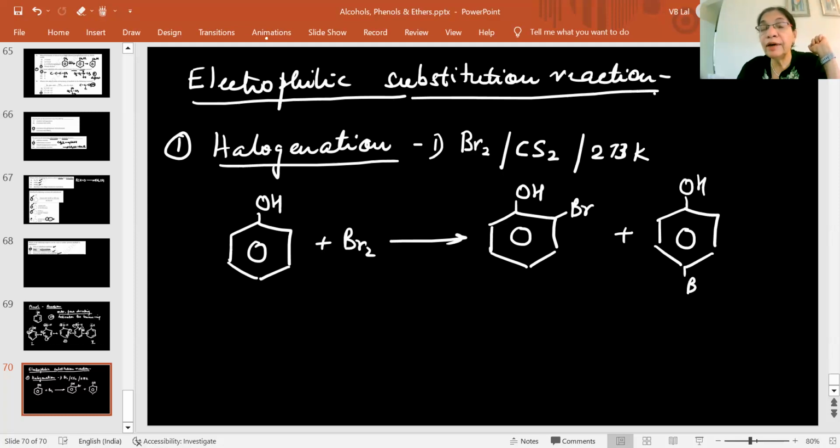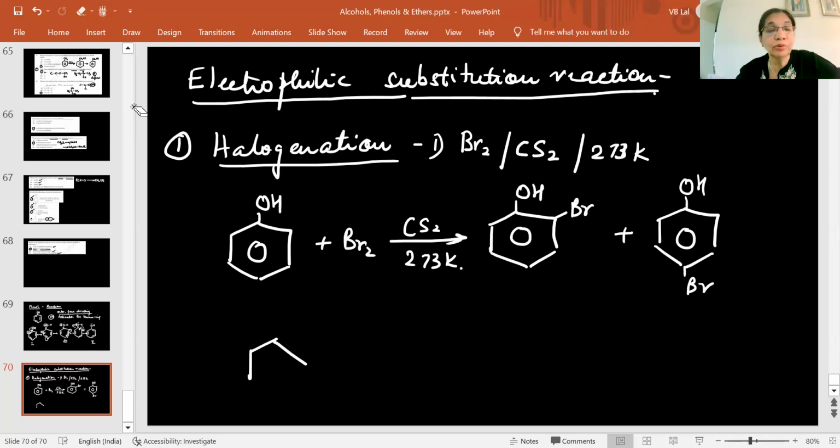Okay, this happens only if the temperature is low and the reaction is carried out in presence of a non-polar solvent, 273 Kelvin.